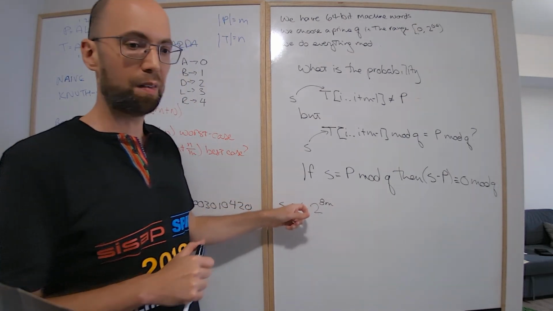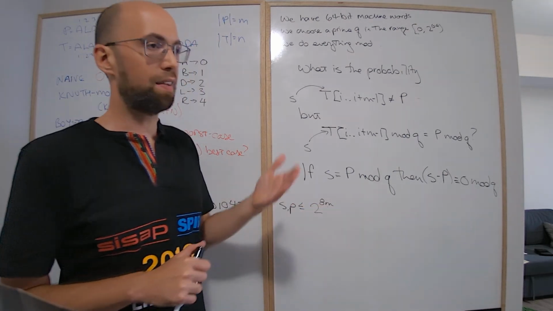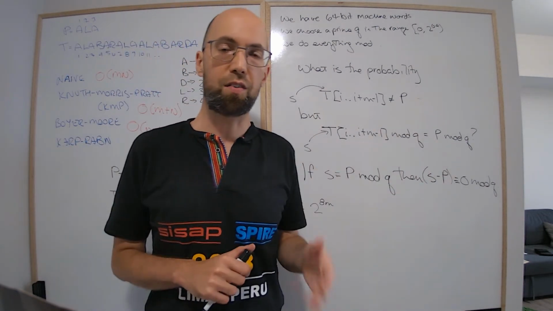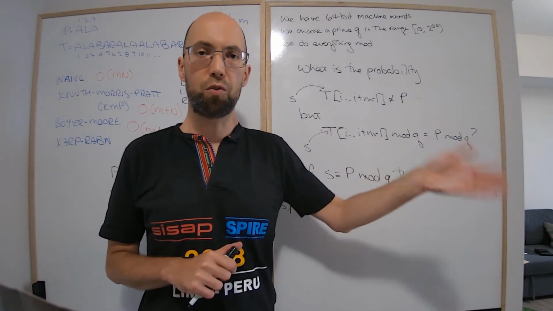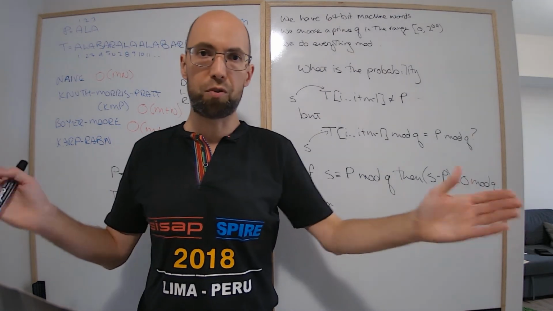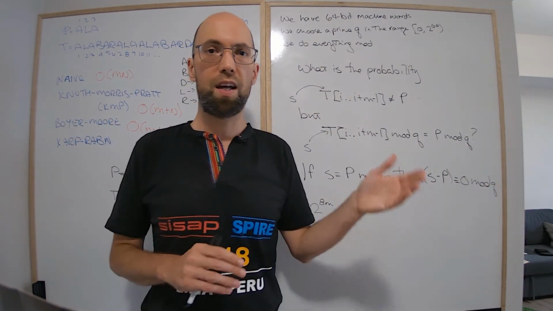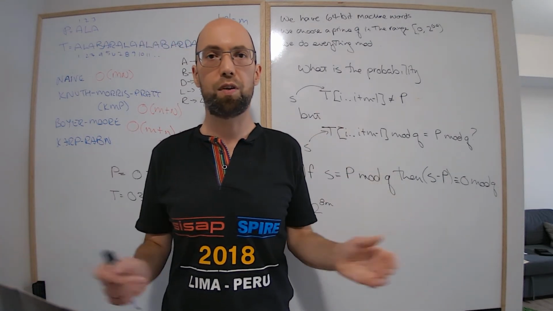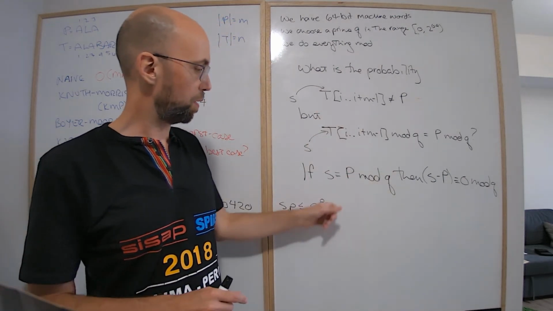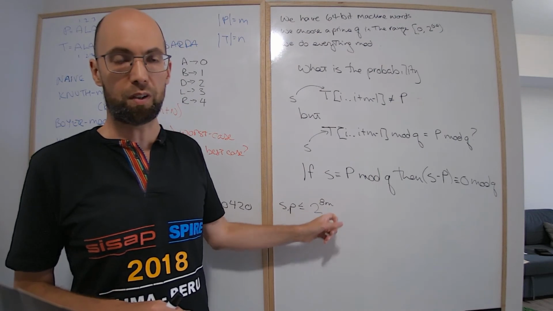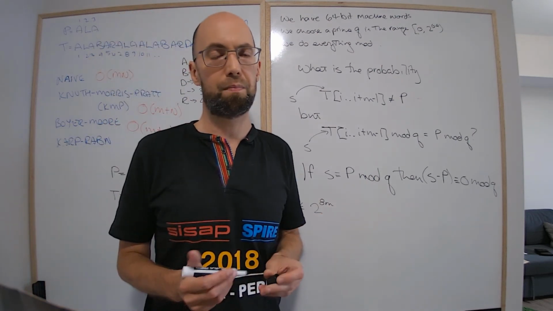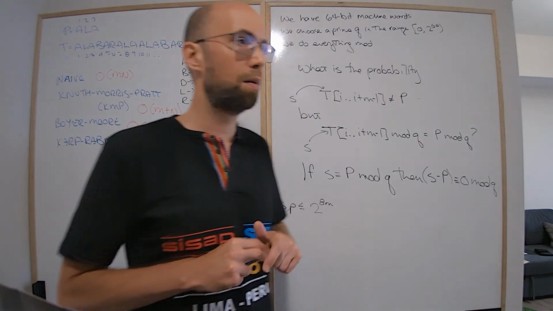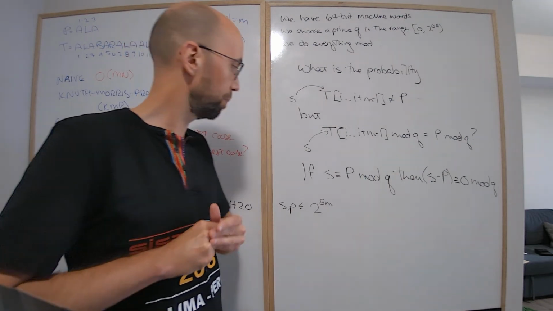That product, for k primes, is bigger than 2 times 2 times 2, k times. So that means that the number of primes is at most logarithmic. It's actually quite a bit smaller than that, but I don't want to prove it.